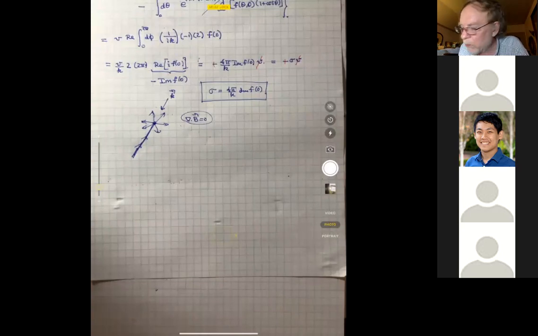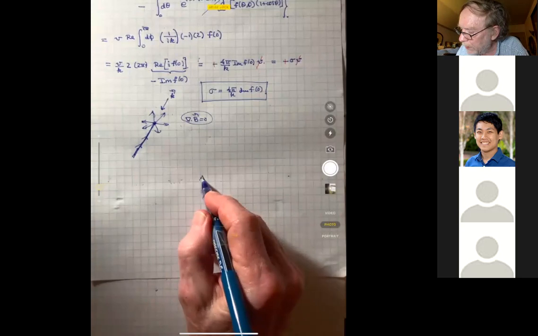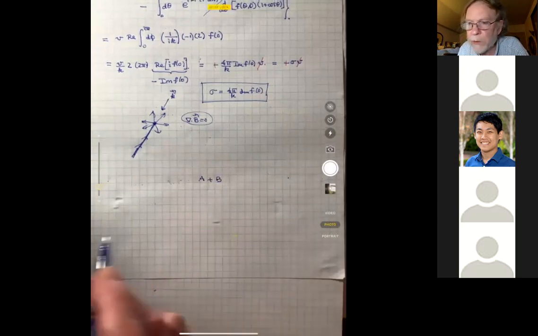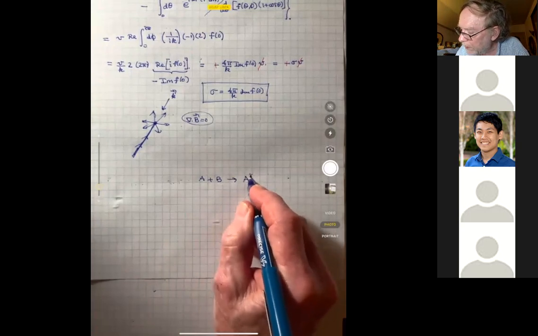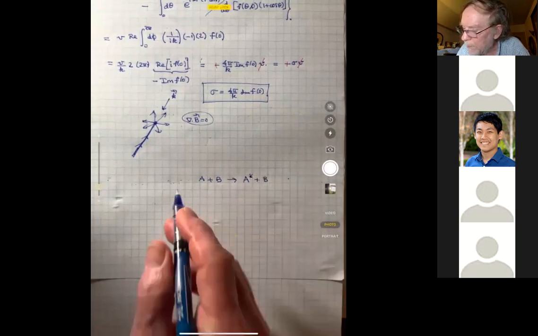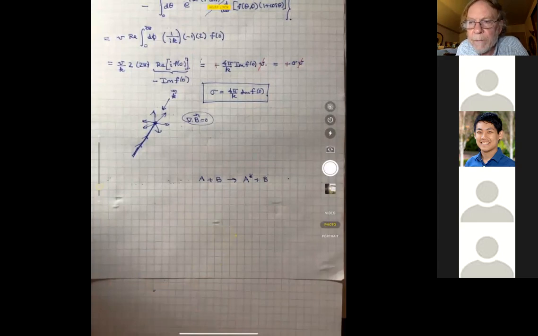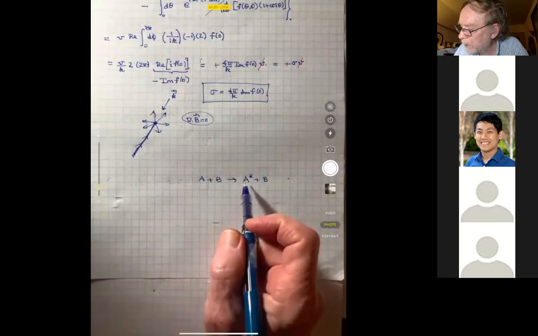Inelastic scattering is common in quantum mechanics. Let's say you have an A plus B reaction where two particles A and B collide. When they go out the other direction, the A may end up in an excited state. For example, if they were two atoms, both in the ground state, after the collision, it's possible that some of the collisional energy was used up to raise one of the atoms into an excited state. And if so, you can get a reaction like this.